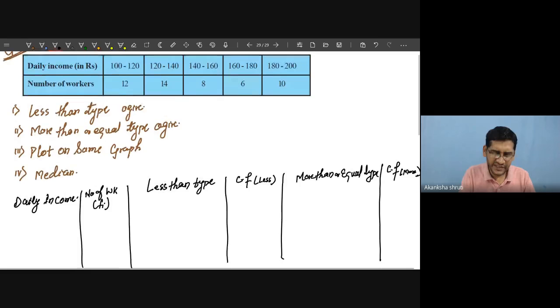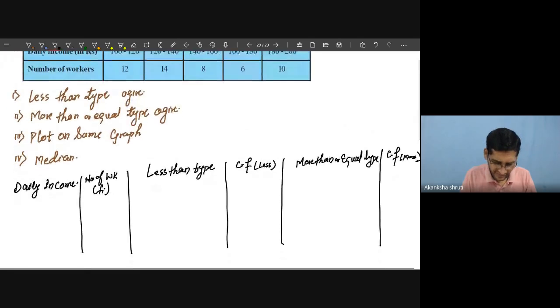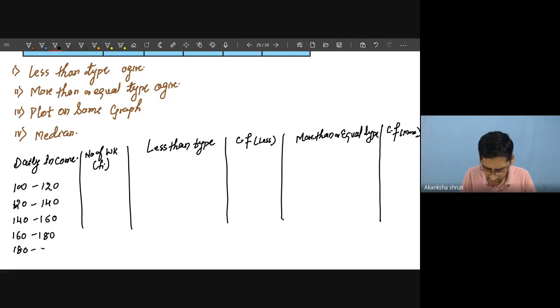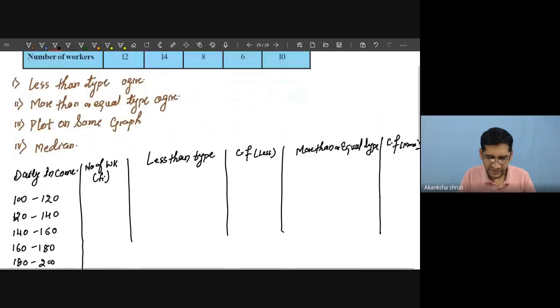So let me copy the given data. The very first one is 100 to 120, 120 to 140, 140 to 160, 160 to 180, 180 to 200. Yes, only these 5 classes are given.